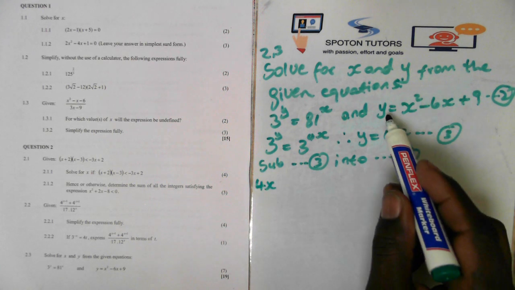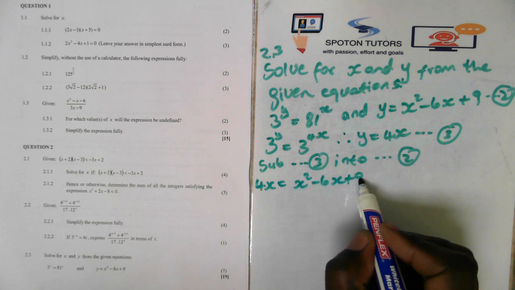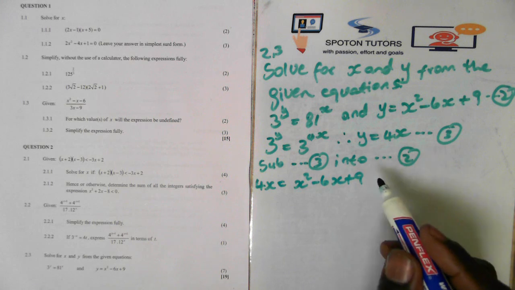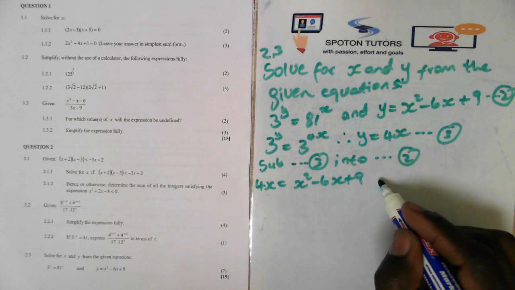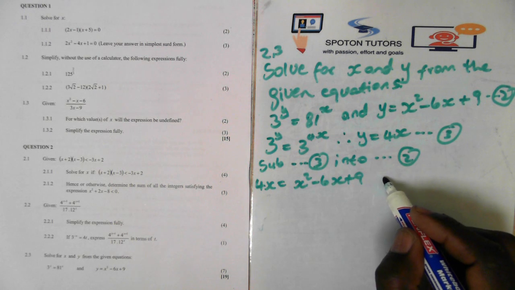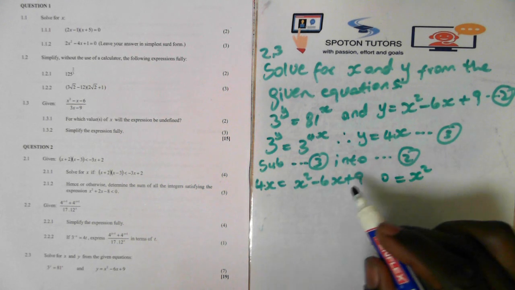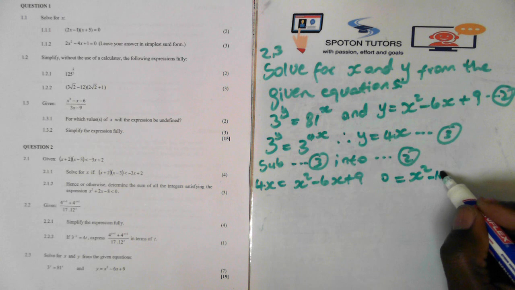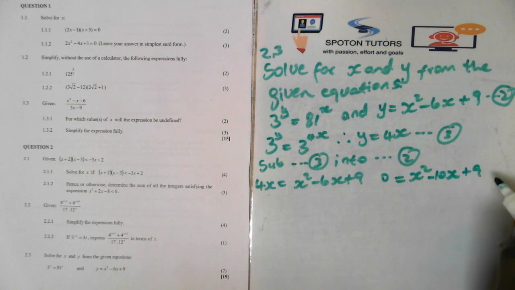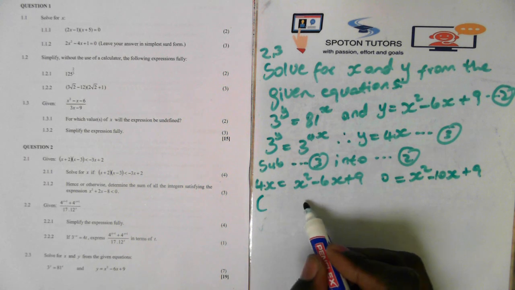4x equals to, simple. Collect like terms. This must go to the other side. Let me continue here. So 0, this goes to the other side, is equal to x squared. When 4 becomes negative with a 6, it becomes negative 10x plus 9, which was already there. Once you've got that, it's a matter of factorization. We want to factorize here.